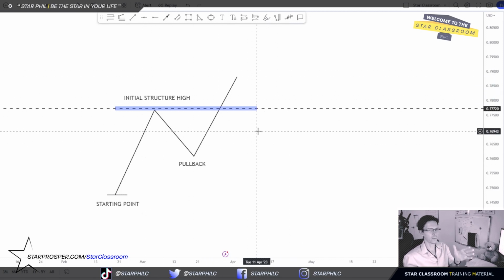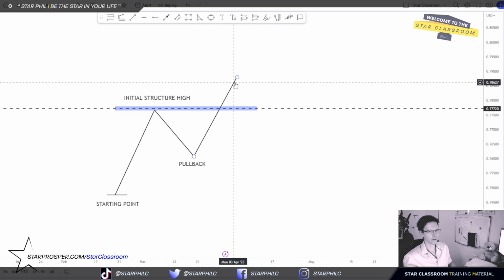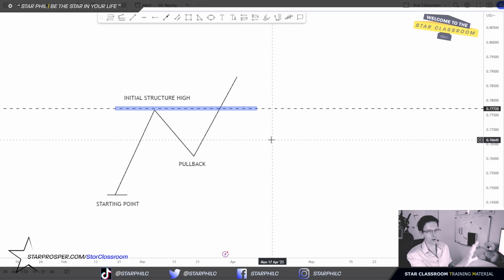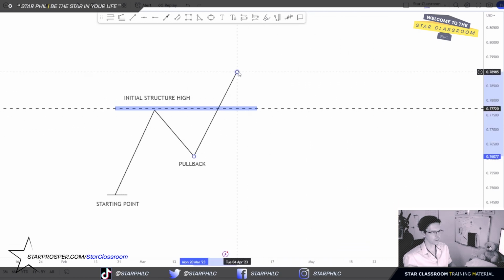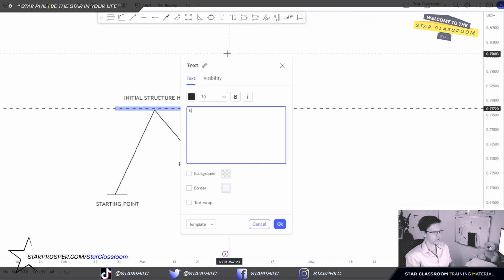So if price action gives us a move higher like this, above the previous high, it breaks the high and gives us a close above this level. So this means the market has created a new structure high. This right here, like a lightning bolt, this is what confirms the trend, and this is giving us a valid bullish trend, right? So this right here will give us a new structure high.